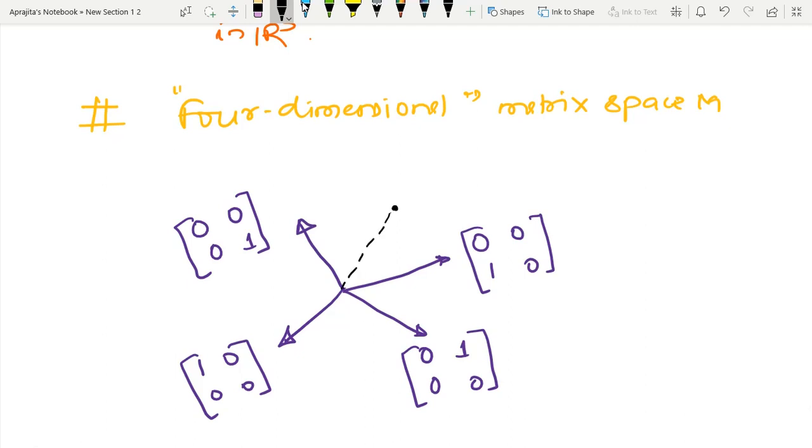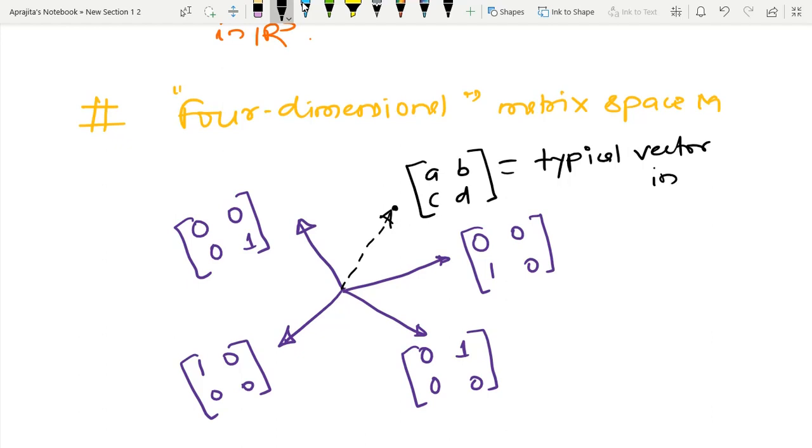So basically this point is A, B, C, D. So this is basically a typical vector in M. So in this way, somehow we try to visualize the matrix space on the whiteboard or blackboard.